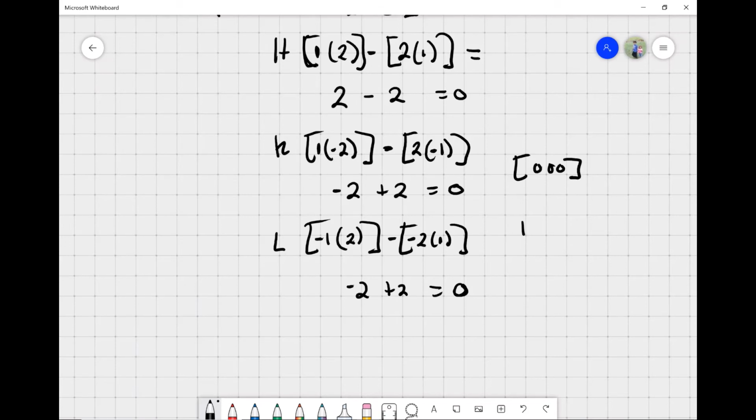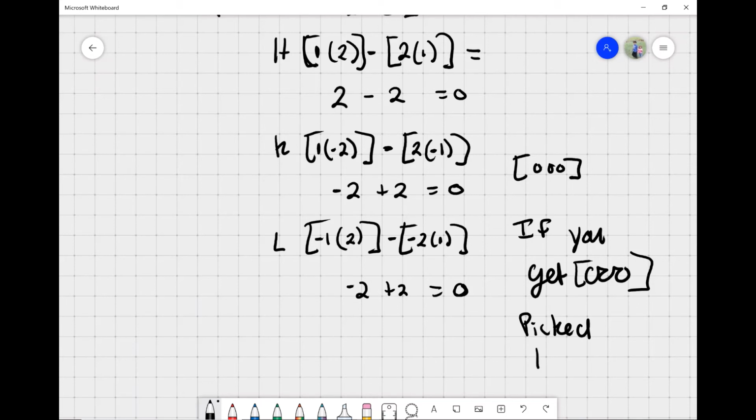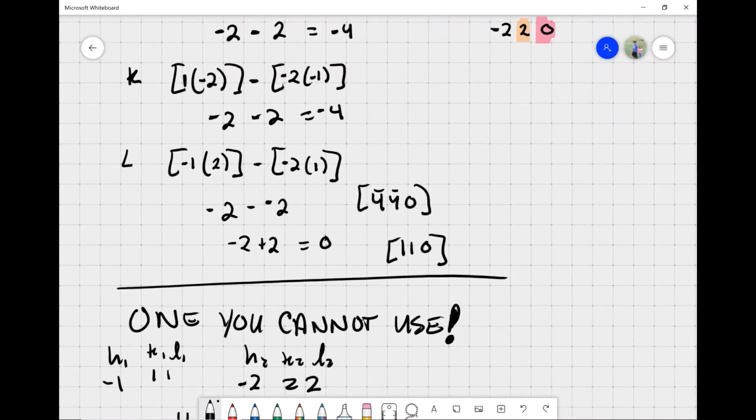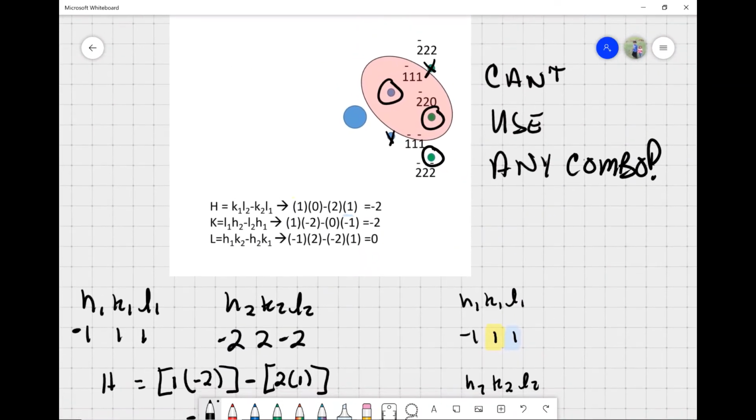So the lesson learned here is if you get 0, 0, 0, you picked the wrong 2 spots. So you picked the wrong combo. Let's go back and analyze why it's wrong.